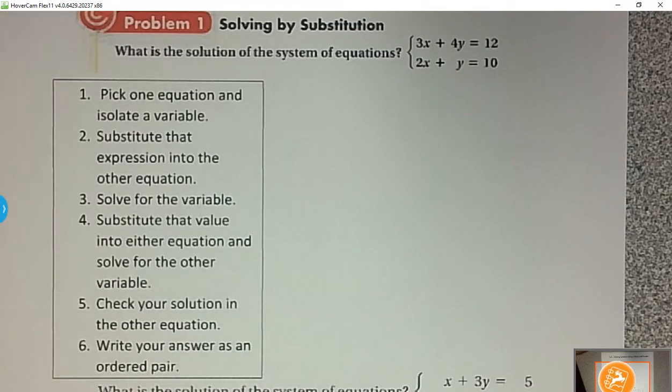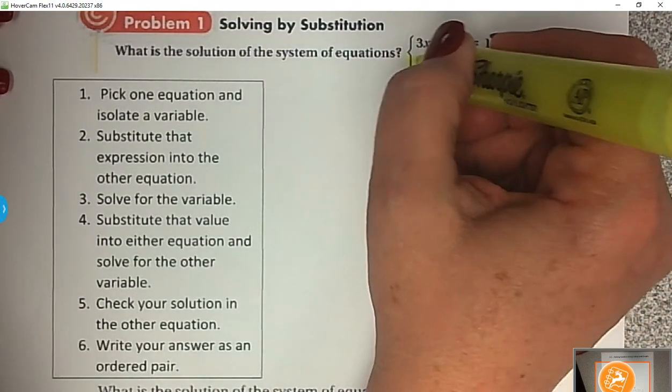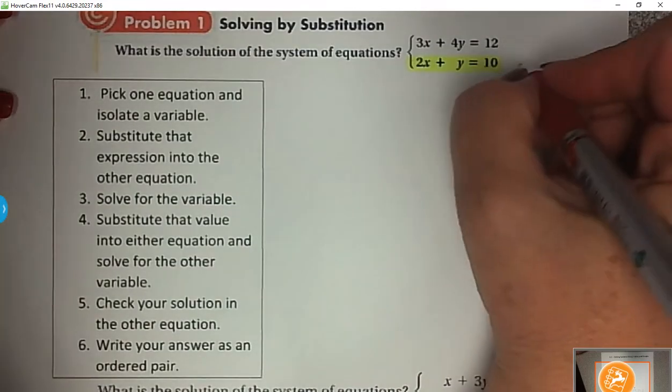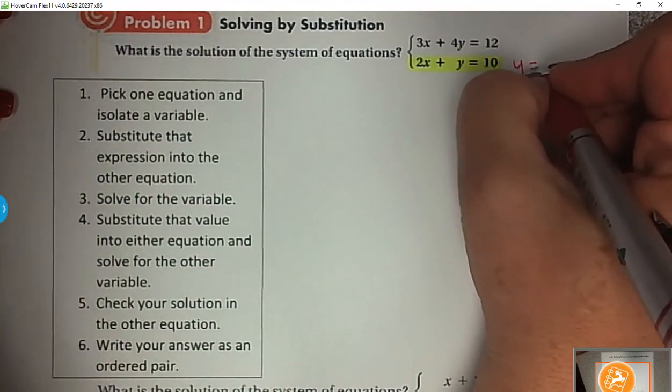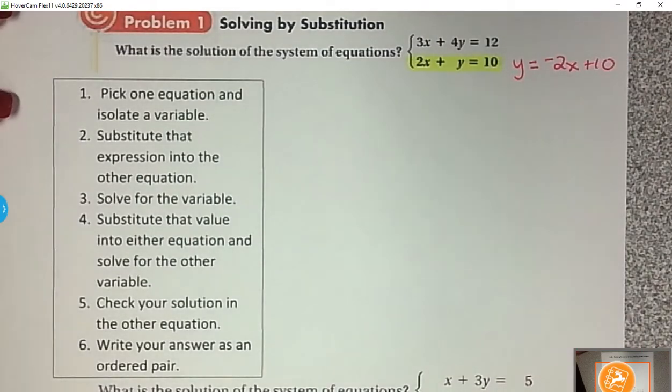Well, when I'm going to do this by substitution, I always look for the variable that has a 1 coefficient. So I'm going to take this equation and get the y by itself. So when I move the 2x over, this is my new equation.